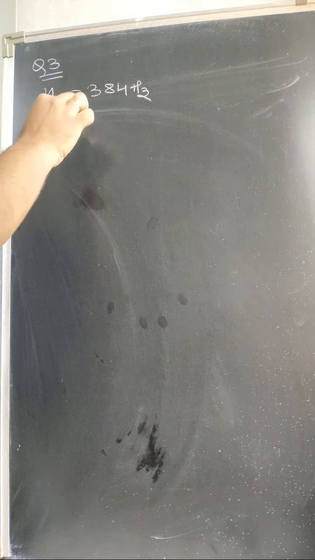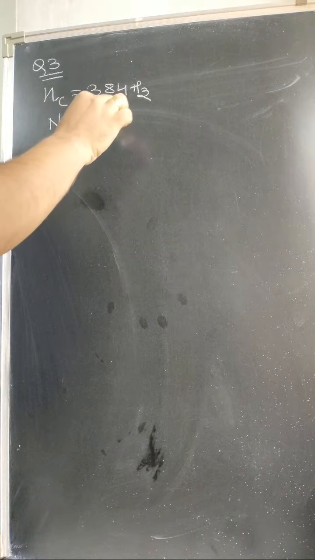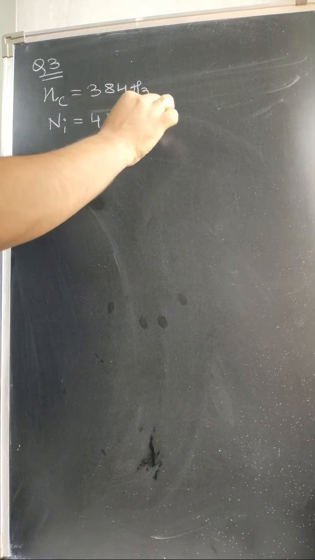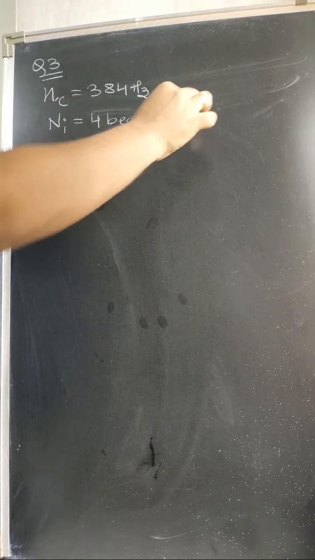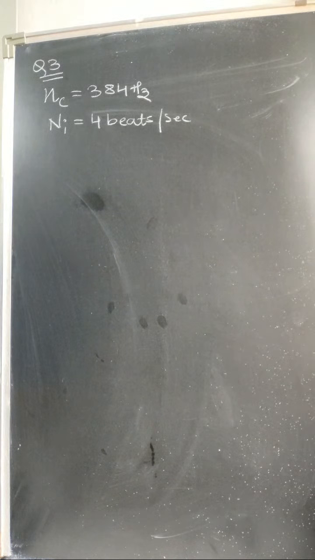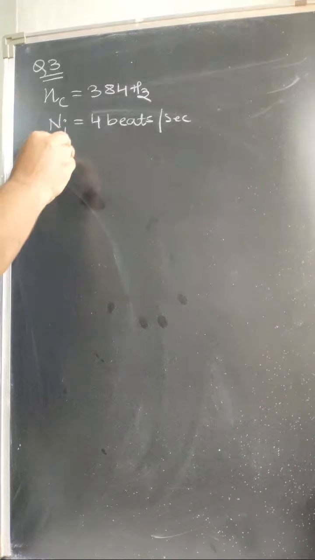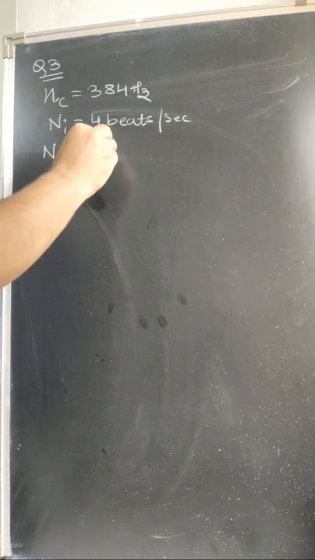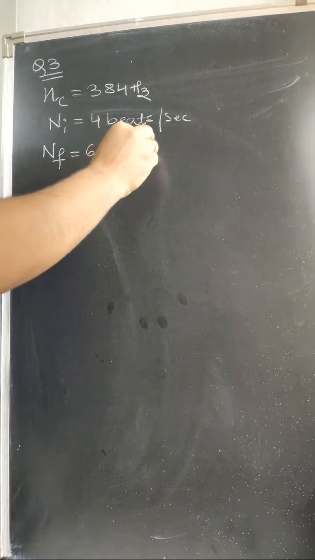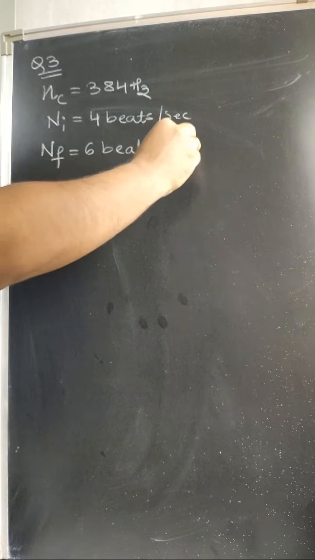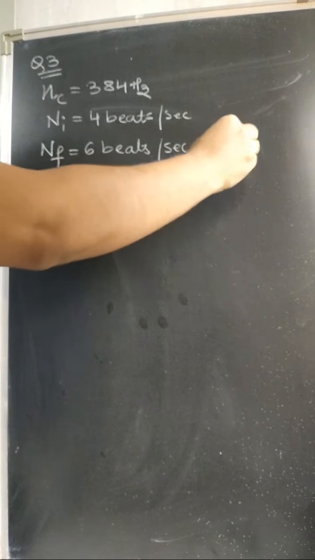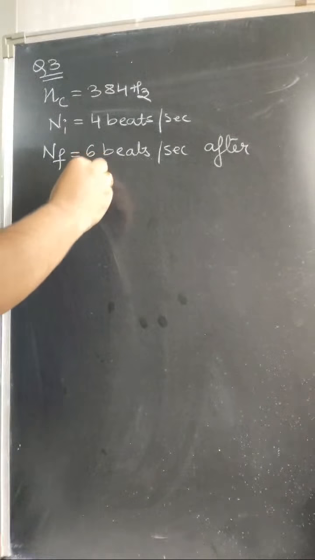Initial number of beats is 4 beats per second. When the prongs of B are loaded with a little wax, the number of beats increases to 6 per second. NF becomes 6 beats per second after loading.